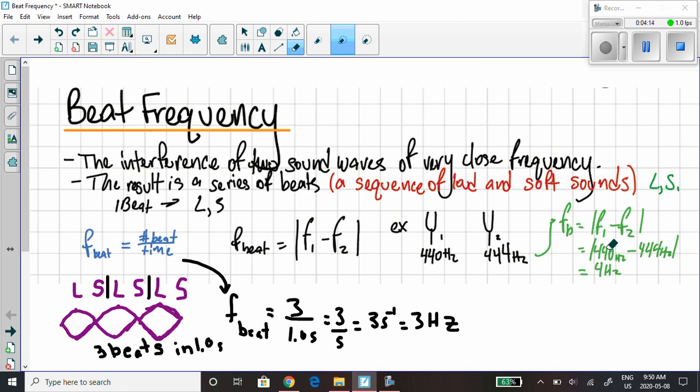So it would be 440 minus 444. Subtract these hertz, and you'd think, well, sir, that's negative 4 hertz. But you've got absolute value signs, so the answer is 4 hertz, which is telling you that the two sources are 4 hertz apart from each other in the sounds that they are producing.